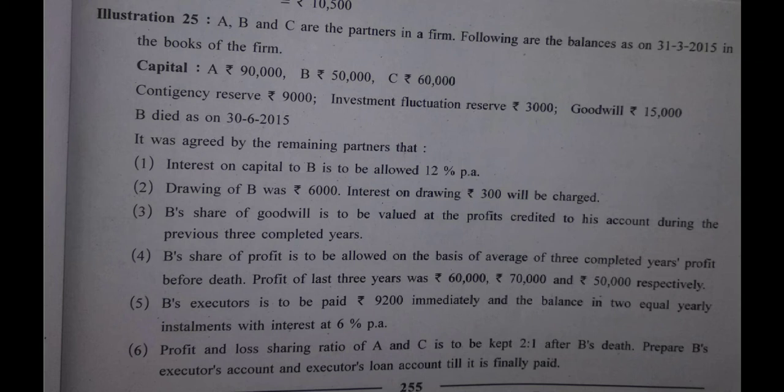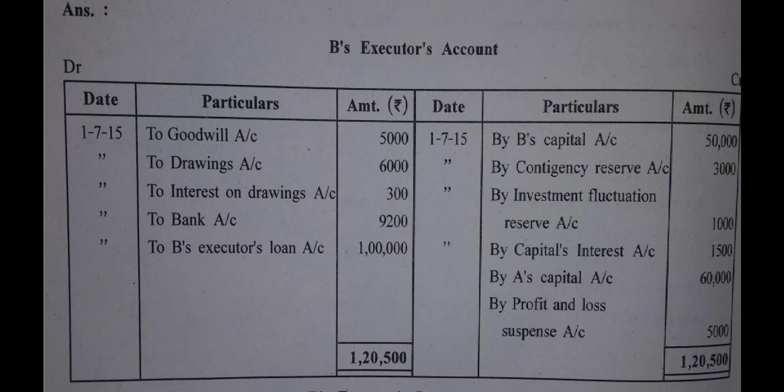So again, they will be credited in B's executor's account even. Let us check. Yes, B's executor's account on credit side by contingency reserve account 3,000, by investment fluctuation reserve account 1,000.